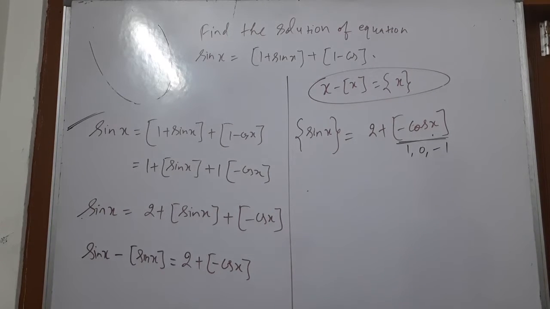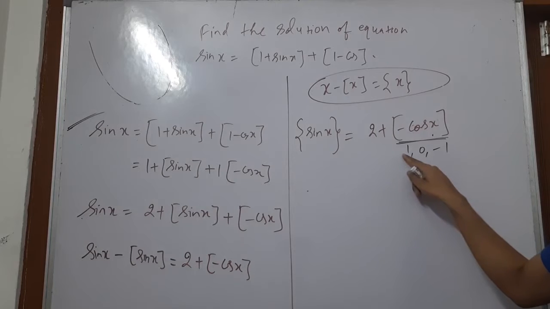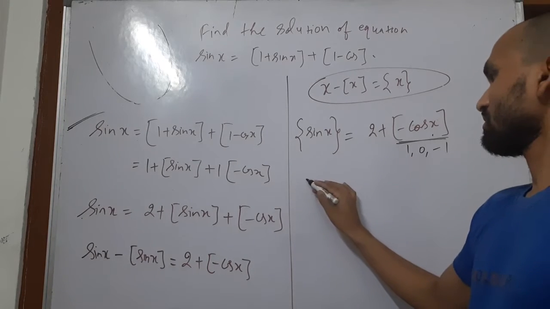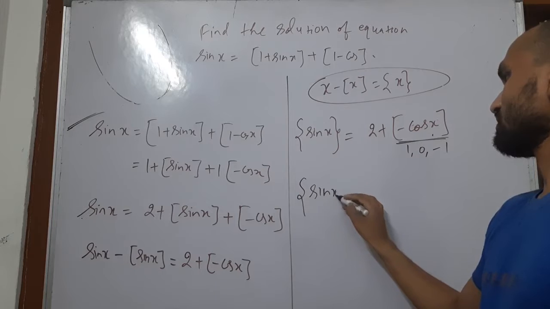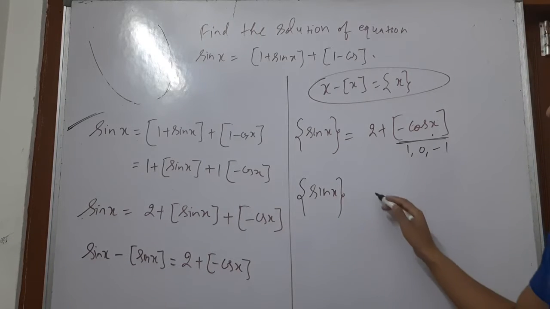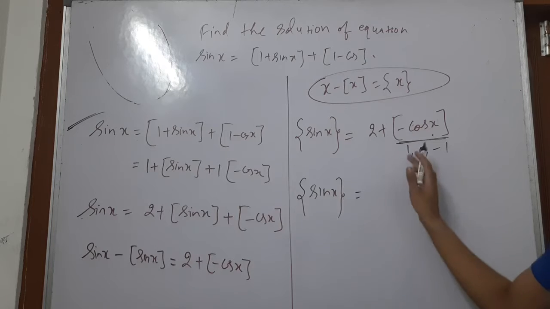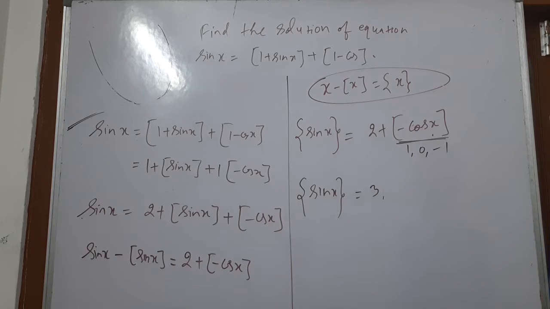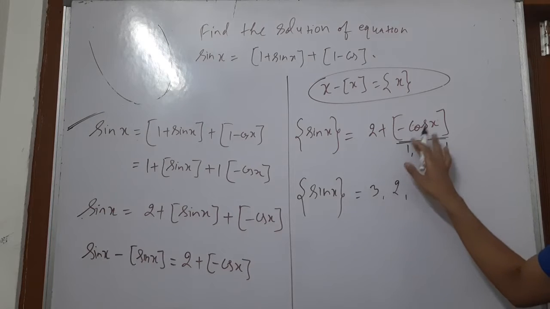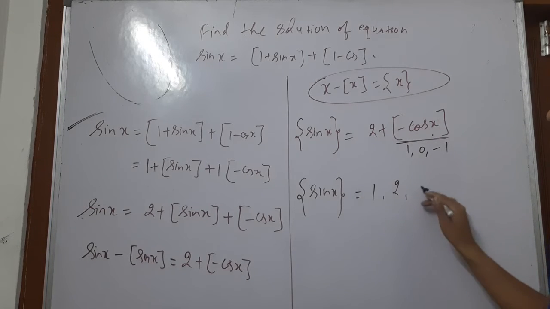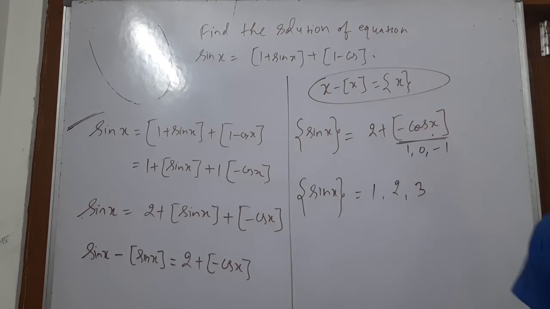So on putting these we will get the RHS. If we put 1 it will be 3, if 0 then it is 2, if minus 1 then it will be 1. So the fractional part values are 1, 2 and 3.